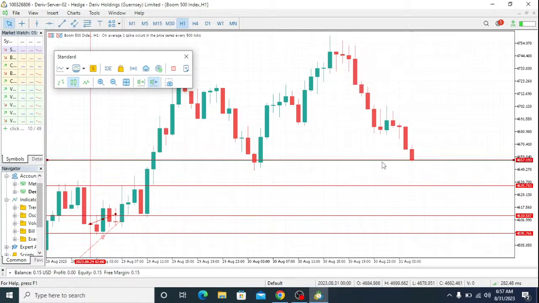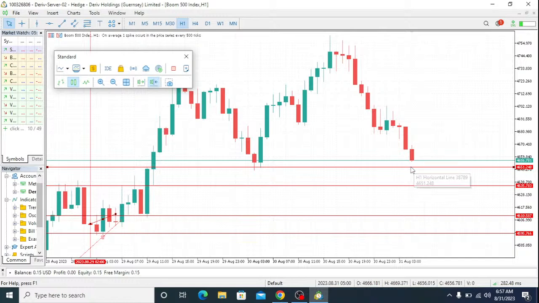and this market is approaching this very support zone. As this one is approaching this support zone, mark this thing like this, then follow it from here down to this place.